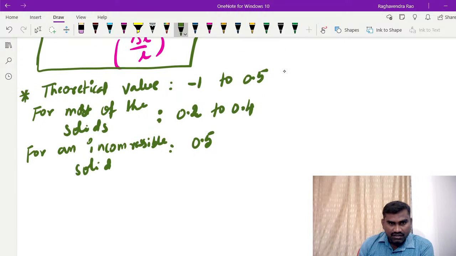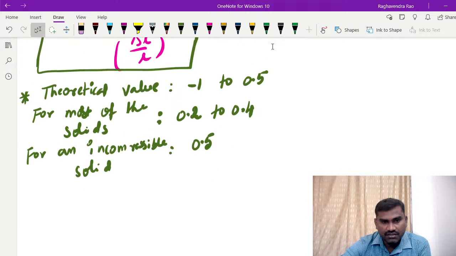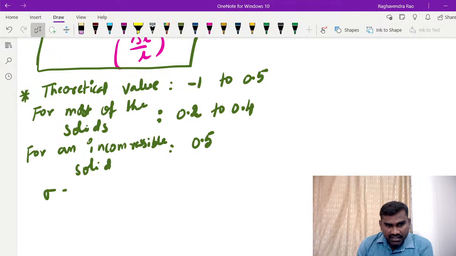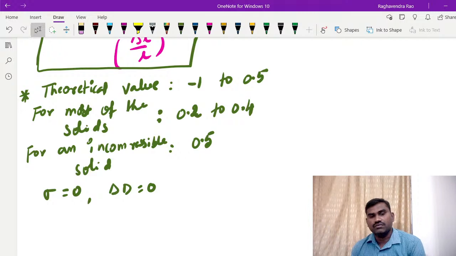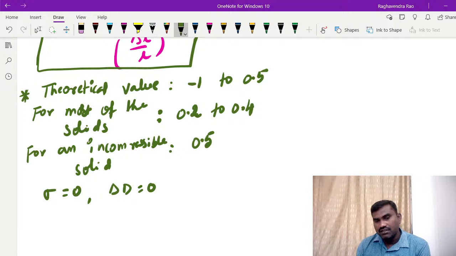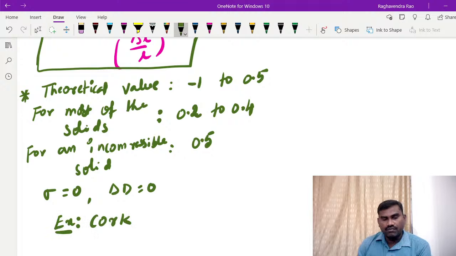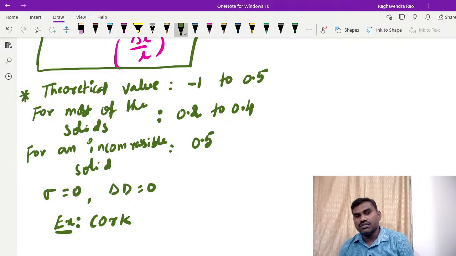That means sigma is equal to 0 when delta d is equal to 0. If there is an increase in length of a body but no decrease in the diameter of the body, then this is called cork. So for cork, there is an increase in length but no decrease in diameter, so Poisson's ratio will be equal to 0.